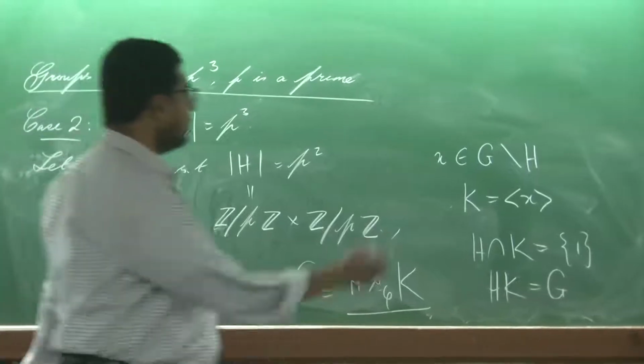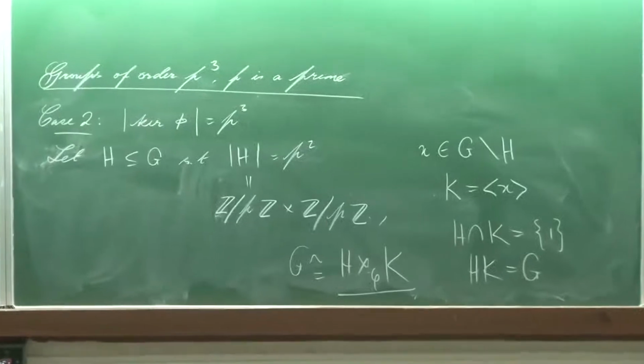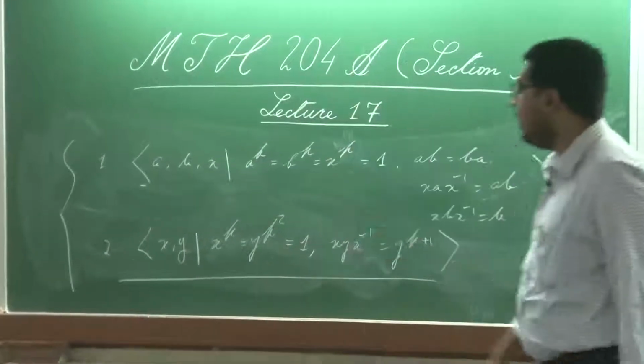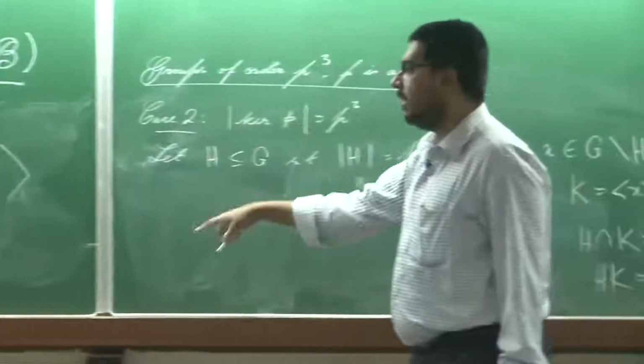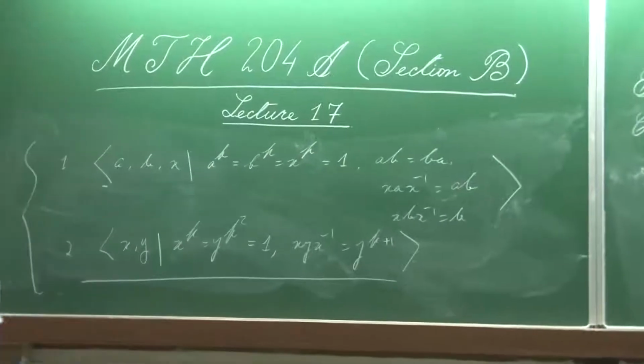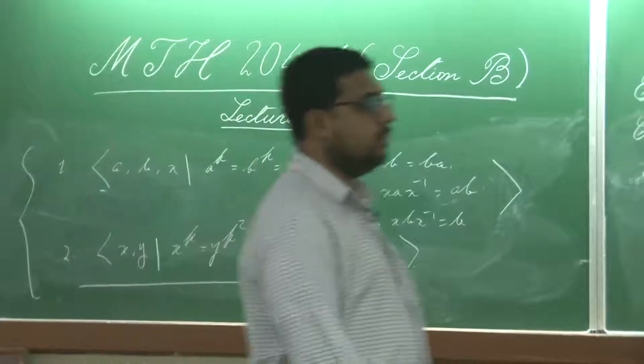Now, I will finish this lecture just by saying a few things. Let me again tell you that up to isomorphism, these are the only non-abelian groups of order p cube when p is odd. Earlier we observed that when p is 2, then these are isomorphic, both are equal to D8.